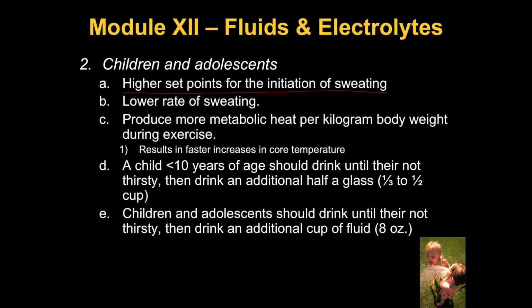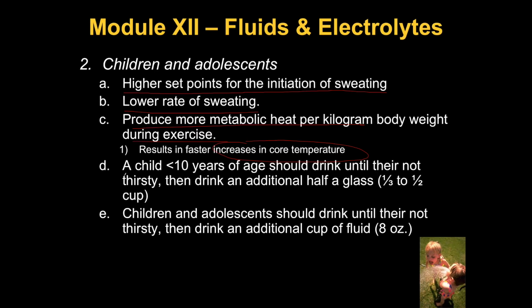They also have a lower rate of sweating, so there's a reduced capacity to dissipate that heat. They produce more metabolic heat per kilogram of body weight during exercise than adults, which means their core body temperature can increase much faster. So we need to be a little more proactive about fluid intake and electrolyte replacement.